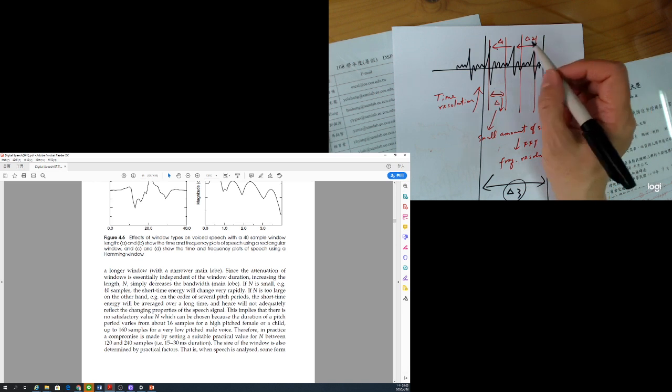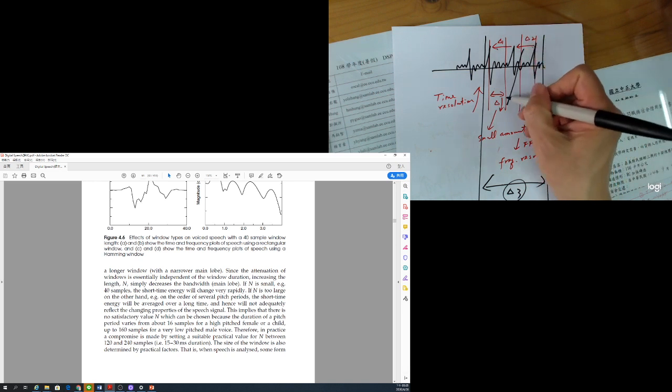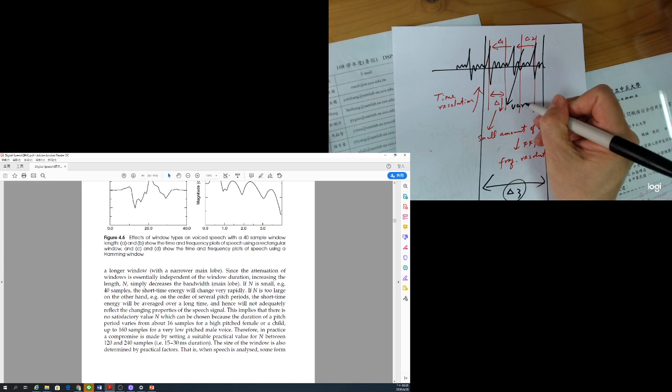With a bigger windowing, we're using the pitch information as a data stream. However, if we partition into many small windows, our pitch information will be calculated based on each small window, so we have multiple pitch information. So the variation can be tracked, and we can do the time-variation tracking.